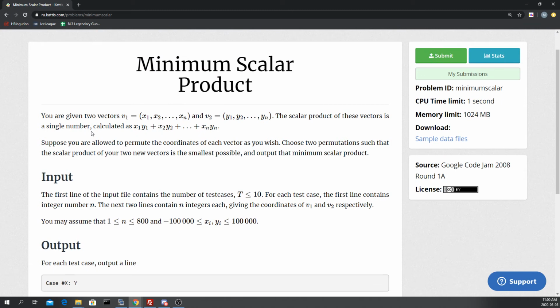Okay, so here we are given two vectors, and we want to calculate the scalar product of these vectors. So that's just the first item times the first item, plus the second item times the second item of the other one, and so on, up to the nth item.